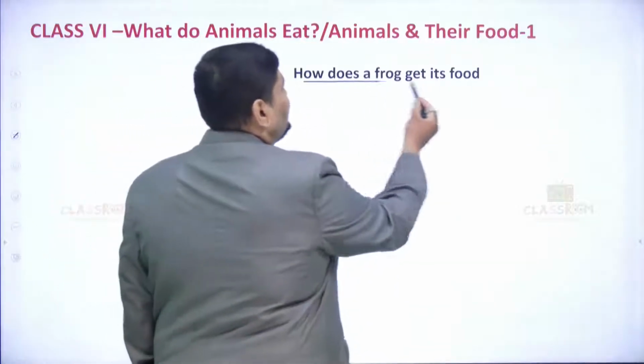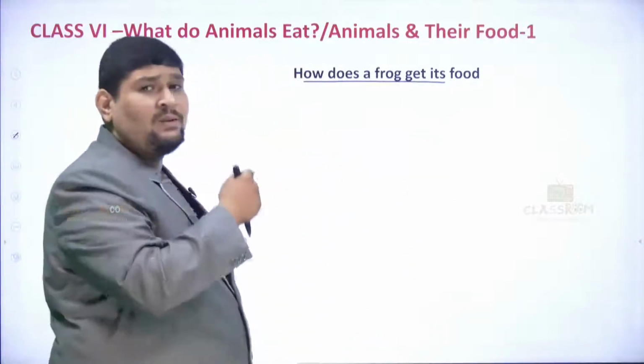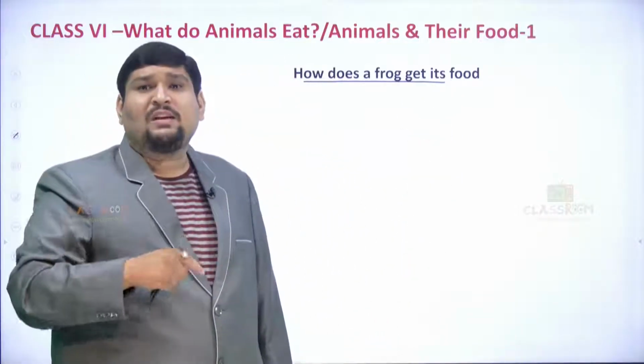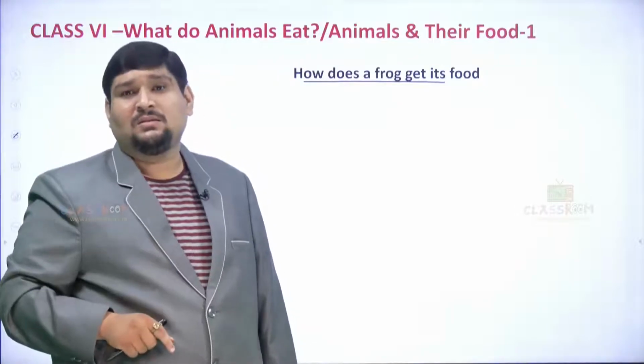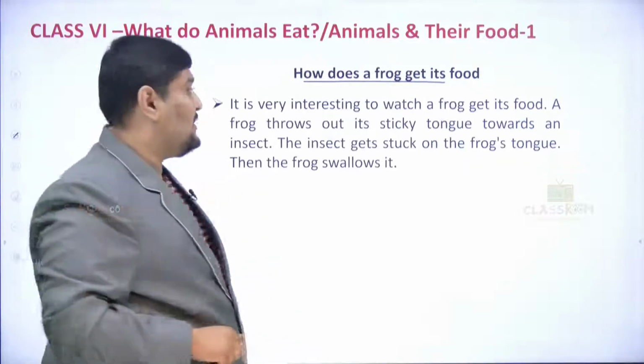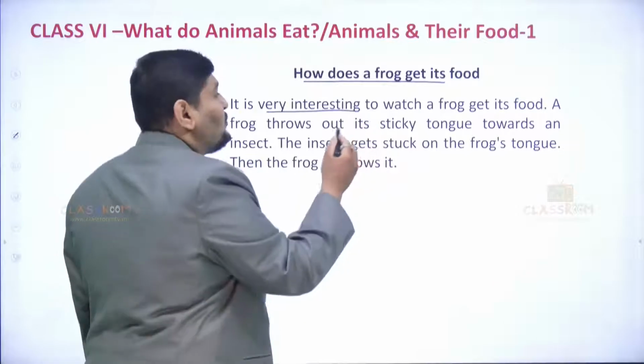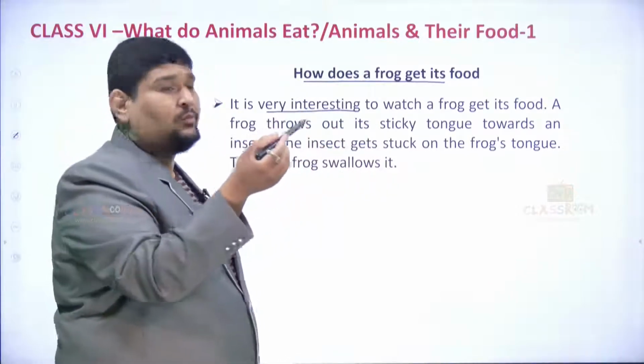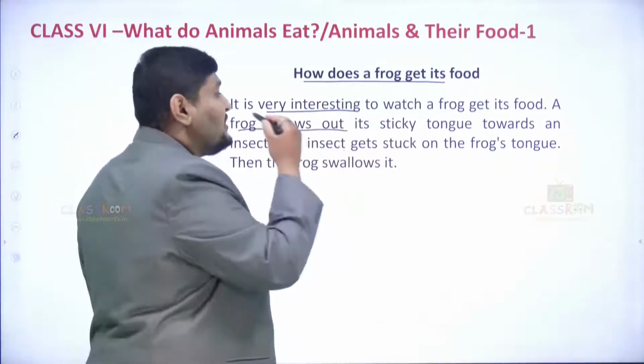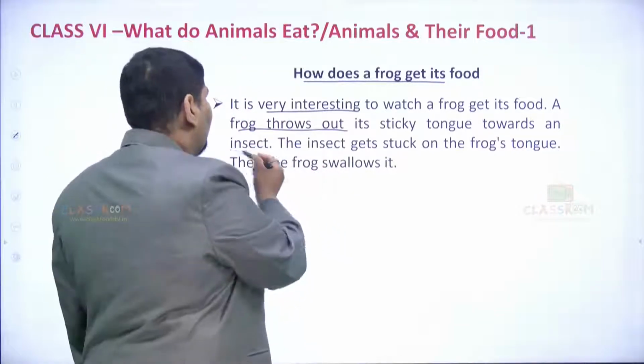And then comes the question: how does a frog get its food? As we have seen in our previous slides, a frog uses its tongue to get its food. It's very interesting to watch a frog getting its food. A frog throws out its sticky tongue towards an insect.